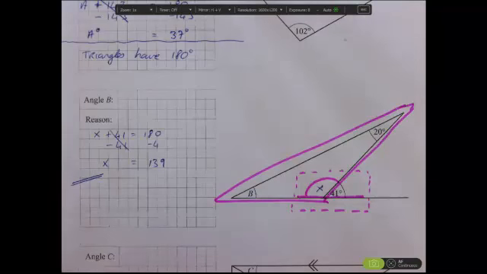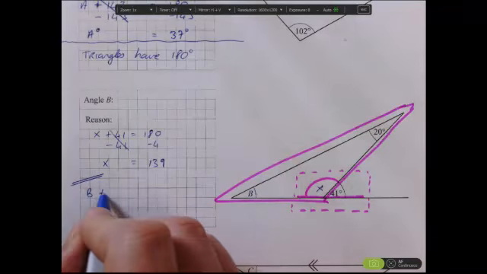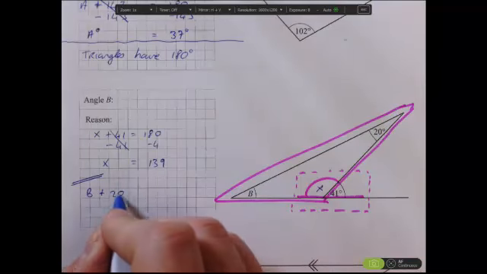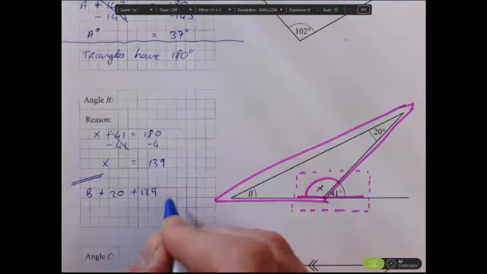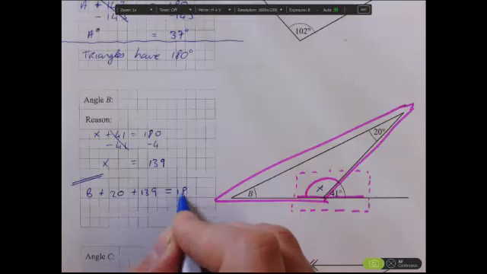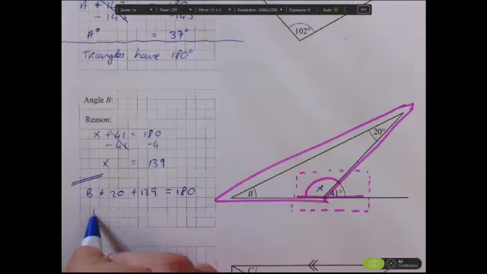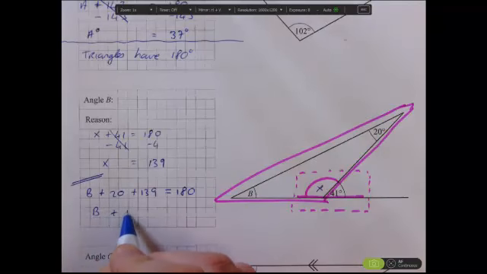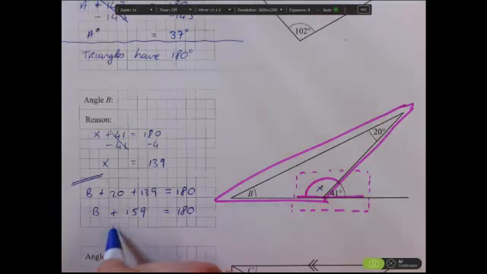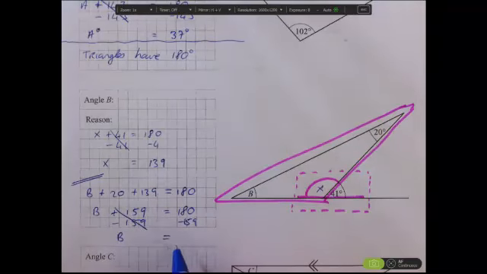I'm going to say that the angle B plus 20 plus 139 that I've just brought down equals 180 degrees. Before I bring anything left or right, I'm going to do a little bit of tidying. So B plus 159 is equal to 180 degrees. Take 159 from both sides. So B is going to equal 21 degrees.